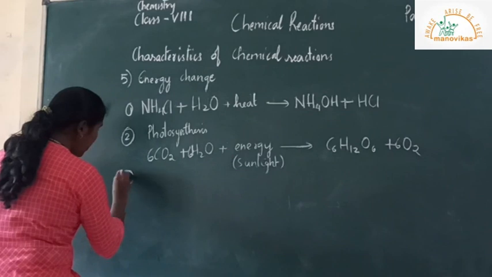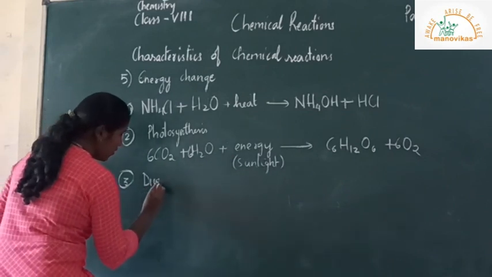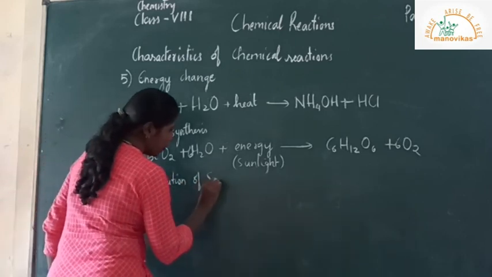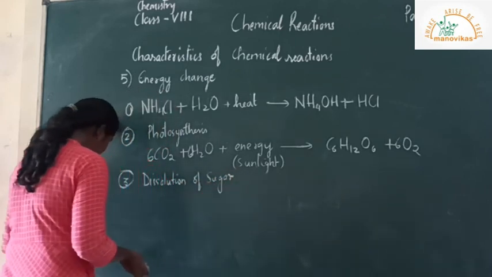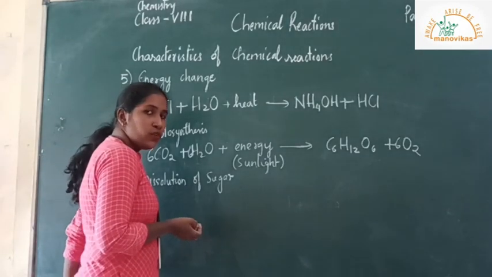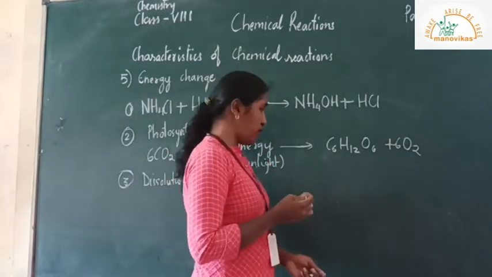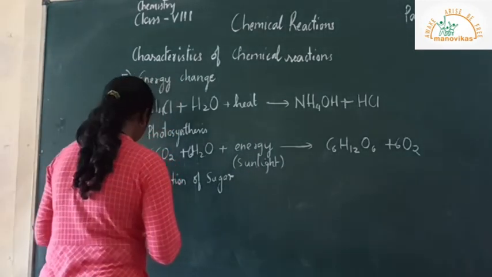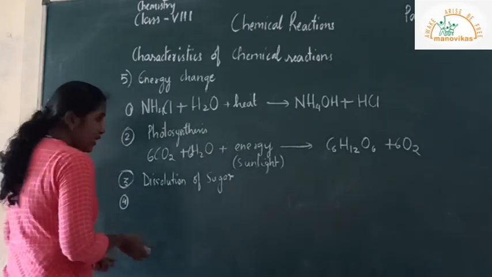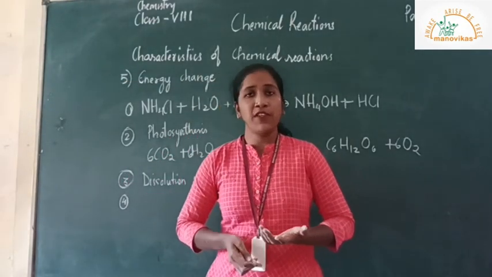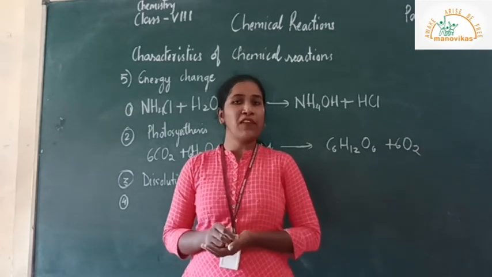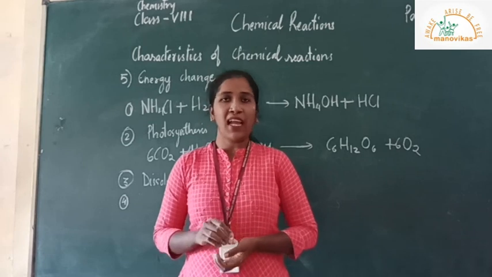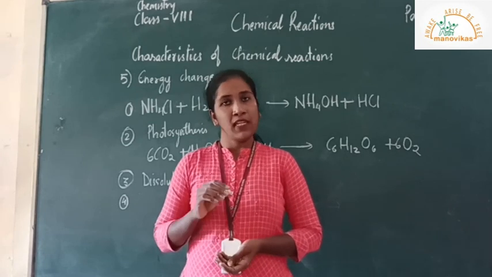Let's take the third example. Dissolution of sugar. When sugar is added to the water, the endothermic change is taking place, and what we obtain is a sugar solution. Fourth one is, consider if you take baking soda and in that you add citric acid, the reaction takes place and the temperature will be lower.